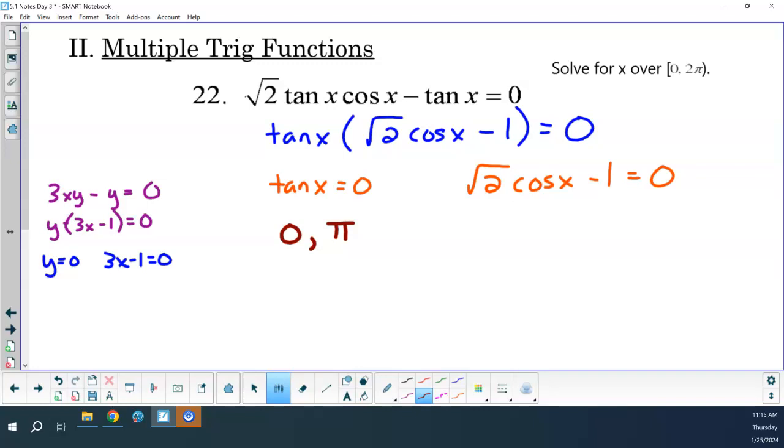Sine over cosine. Y over x is tangent. So y has to be 0 in order for the tangent to be 0. So it's at 0 and at pi. Okay? How am I going to solve this next one? Add 1 to both sides.